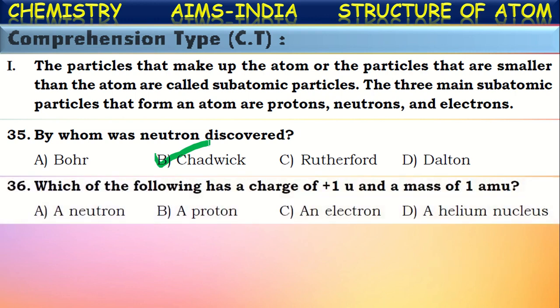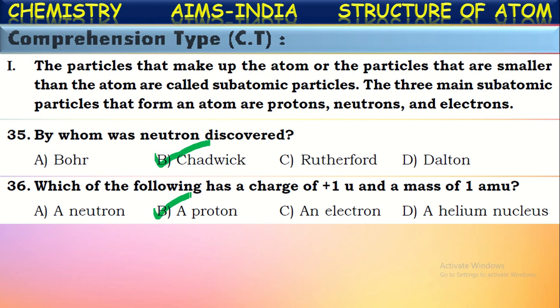Next, which of the following has a charge of 1 unit positive charge and a mass of 1 AMU? Yes, out of three fundamental particles, the particle with 1 unit positive charge and 1 unit mass, that is 1 atomic unit mass, is proton. Proton has these quantities.